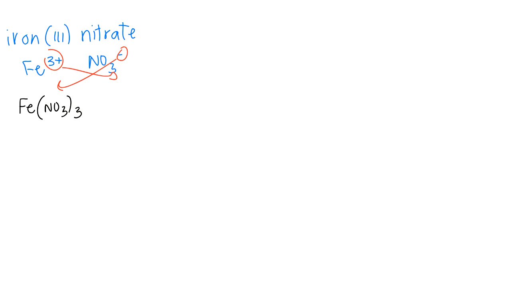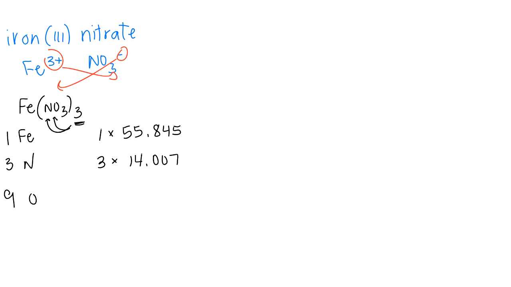So based on this formula, I have 1 iron. The 3 on the outside of the parentheses gets distributed. So I have 3 nitrogens, and 3 times 3 gives us 9 oxygens. So for iron, I have 1 times, look up iron on the periodic table, 55.845. 3 times nitrogen is 14.007.